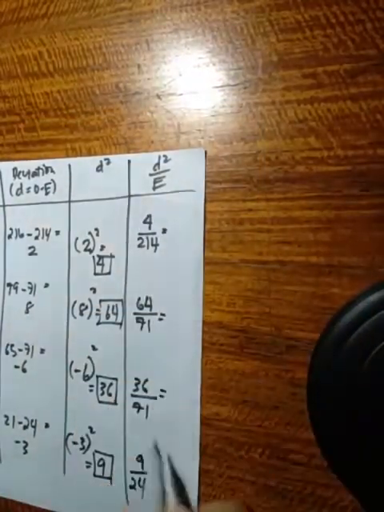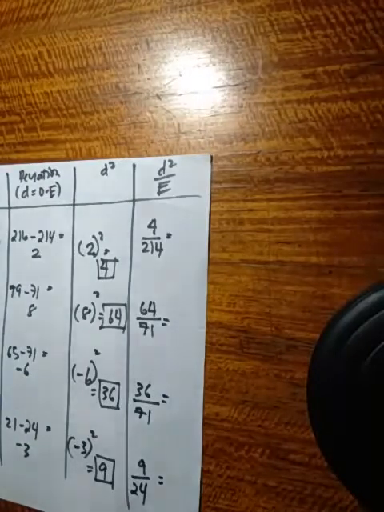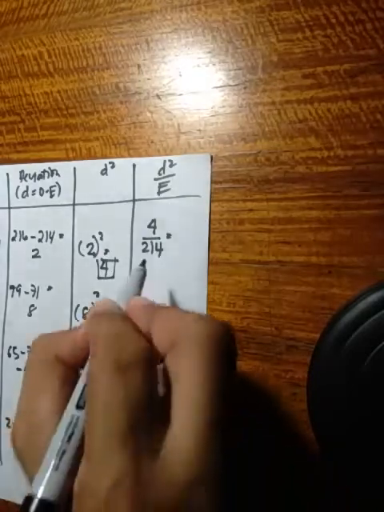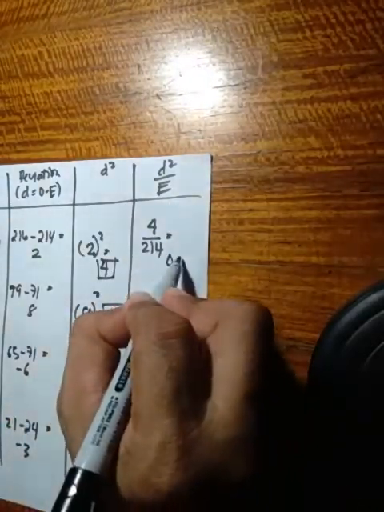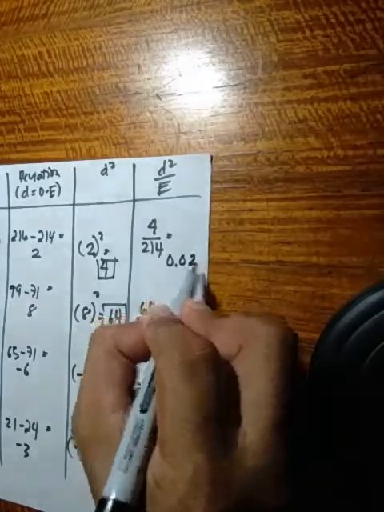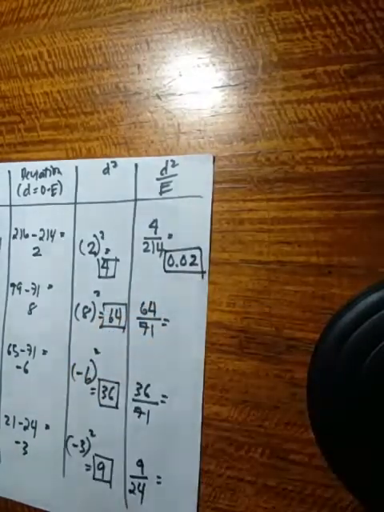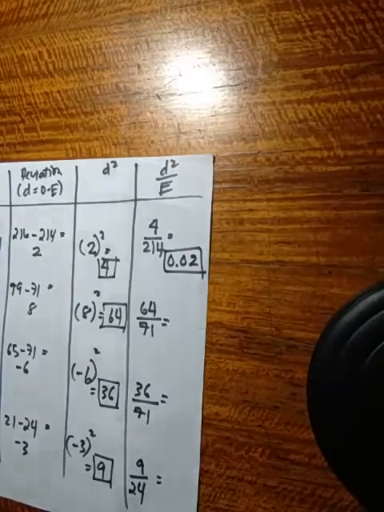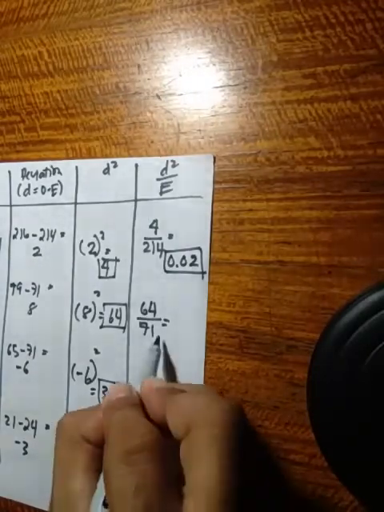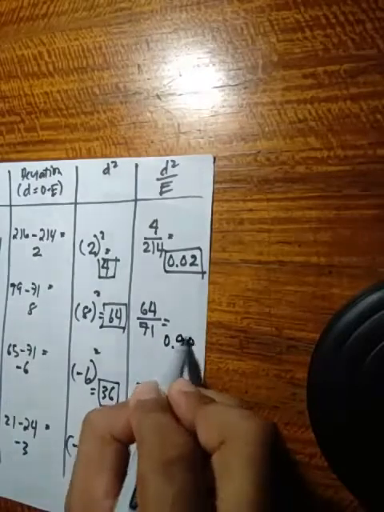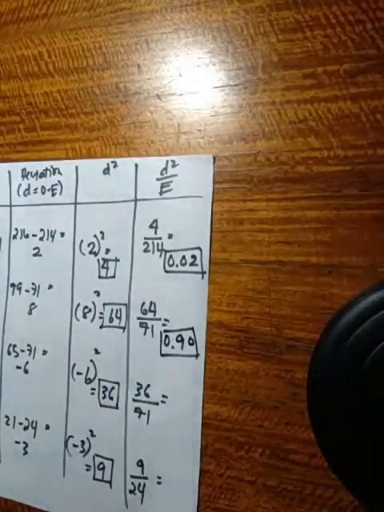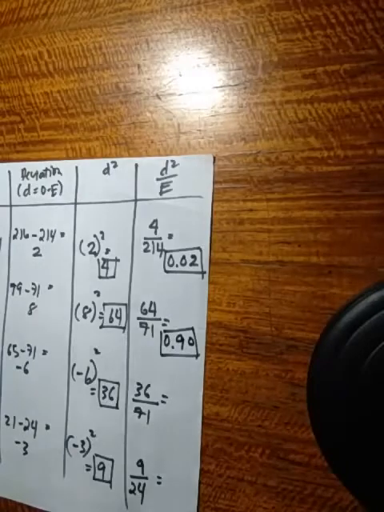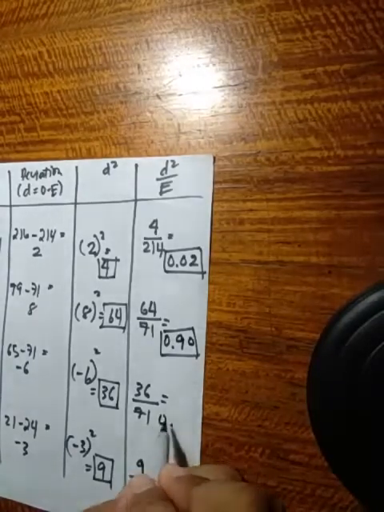Computing for this, 4 divided by 214 is equivalent to 0.02. 64 divided by 71 is equivalent to 0.90. 36 divided by 71 is equal to 0.51.